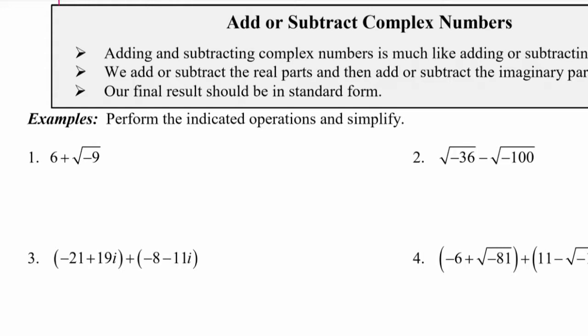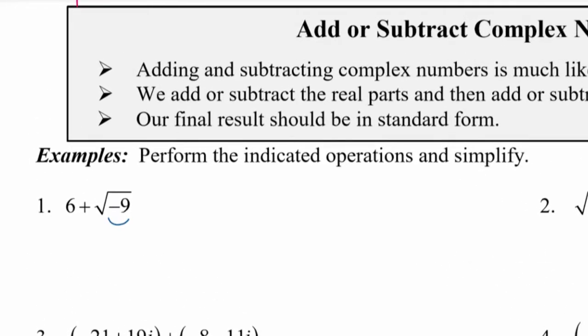So the first step is always going to be to rewrite your number in standard form, especially if you see the square root of a negative number like you do here. Just to remind you, the square root of -9 is the square root of 9 times the square root of -1.